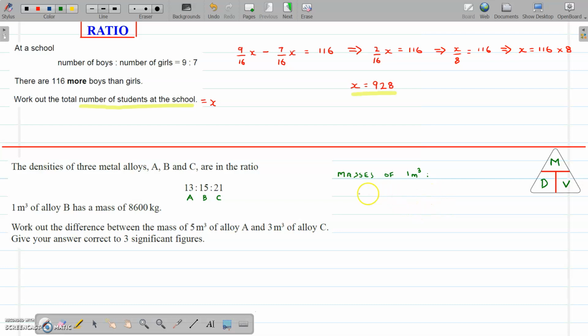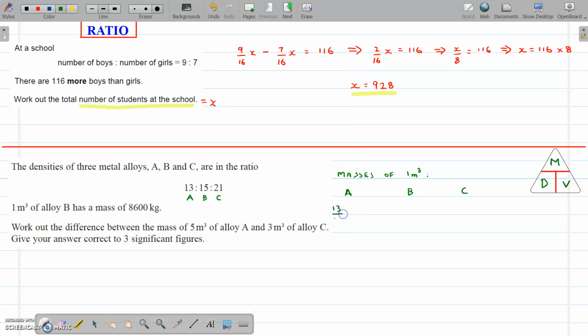Let's just write the ratios here. A, B and C like this. Now the A is 13/15ths of that figure given, 8,600.